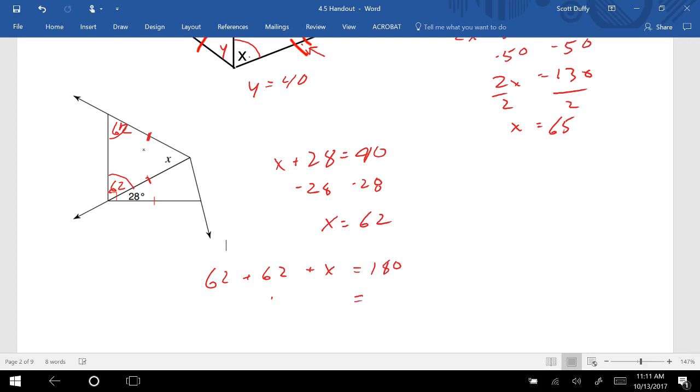So that is actually 124 plus x equals 180. It's a plus sign right here. And then subtract 124 and you get x equals 56 degrees.